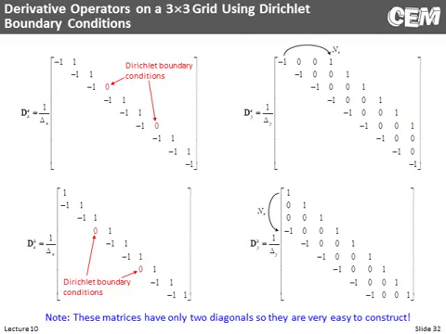We can follow the same procedure and calculate derivative operators on two-dimensional grids. And this follows the same outline as we discussed last time, but now we have field components staggered on a Yee grid. So here's what the x and y derivatives look like for the E and H fields.